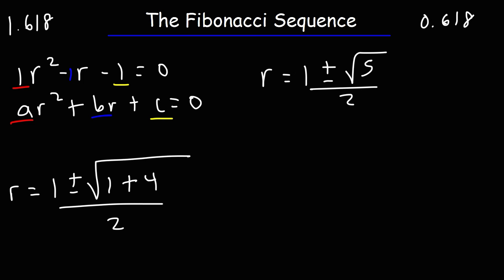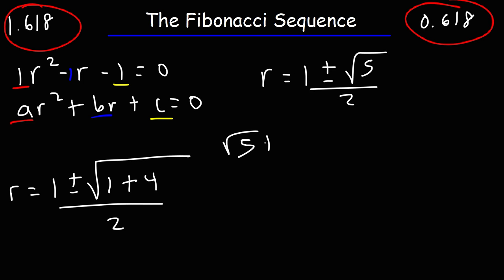And so thus we have the two values for the golden ratio. So we have 1 plus the square root of 5, or we could say the square root of 5 plus 1, divided by 2, which gives us 1.618.